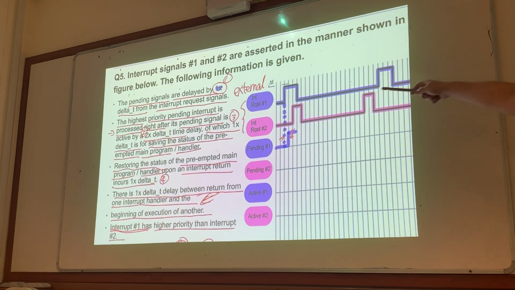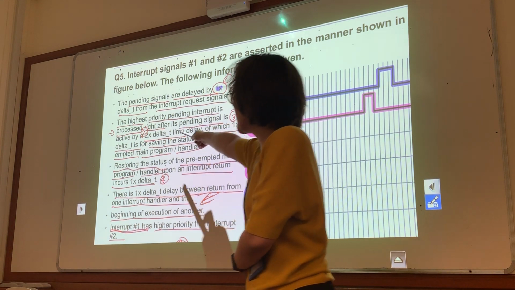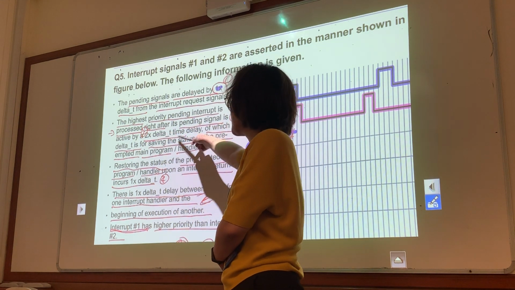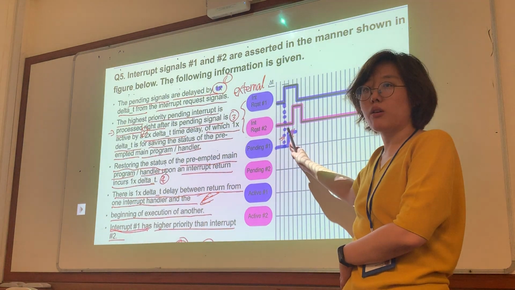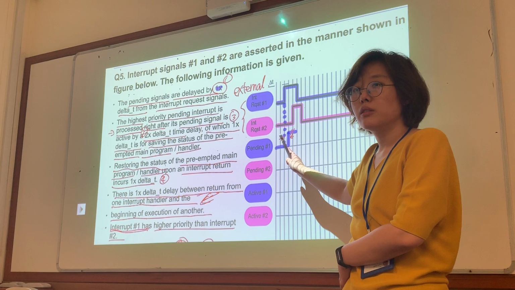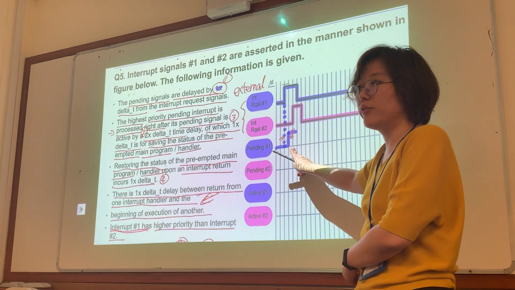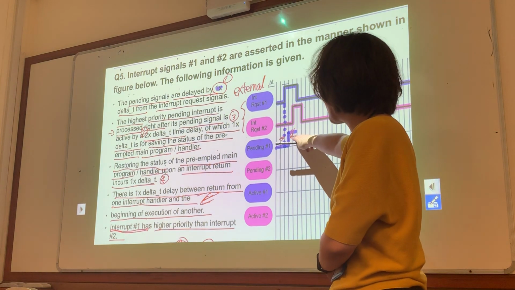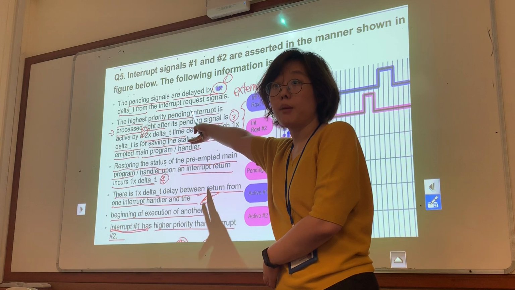Remember here, the highest priority pending interrupt is processed right after its pending signal is active, by 2 delta time. So now this is the only interrupt you have. NVIC only knows this is the only one it has. It will inform the processor, and the processor will be able to handle it after 2 delta time.